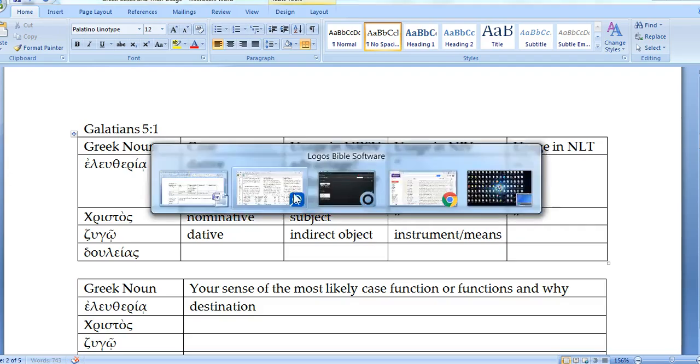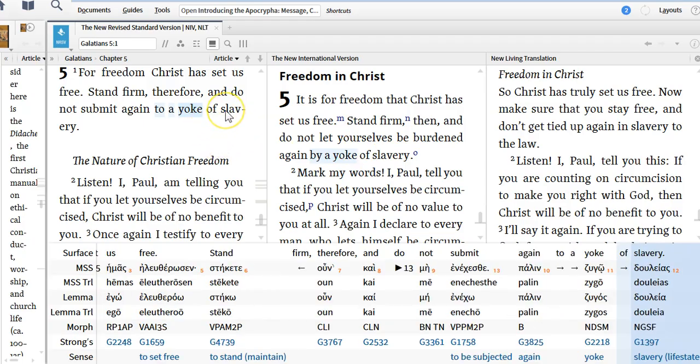Before I go on to the NLT, I'm going to look at the next word, douleias, which is a noun in the genitive case. And both the NRSV and the NIV represent the genitive case word douleias as of slavery, which is about the most non-committal way you can render the genitive case in English.